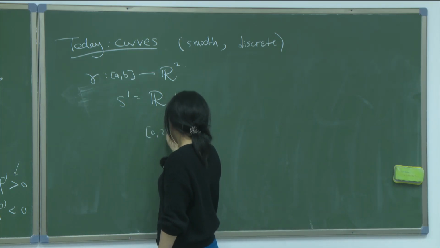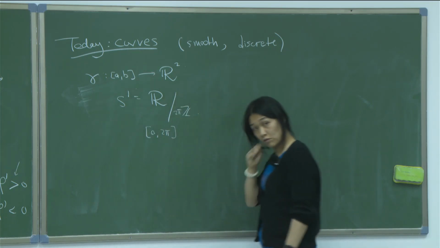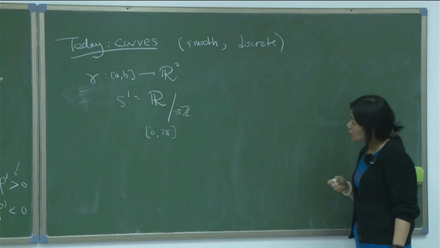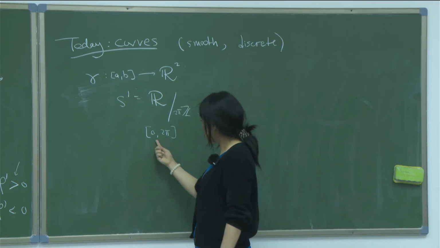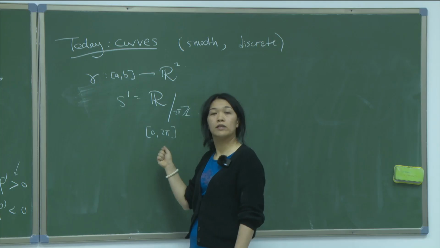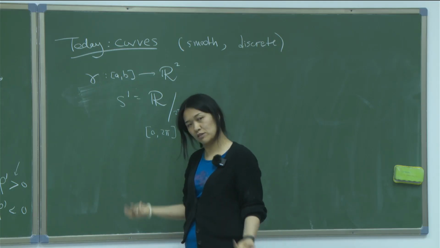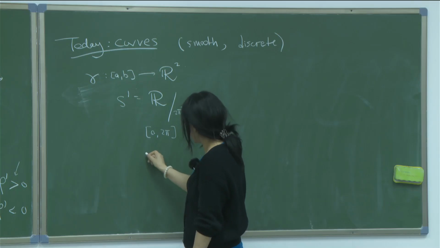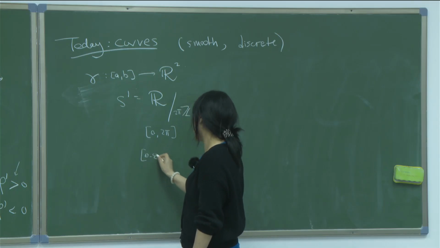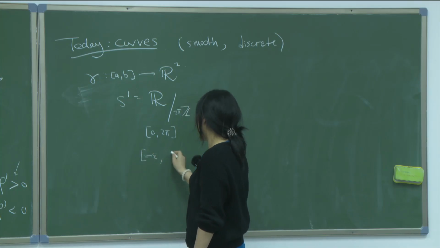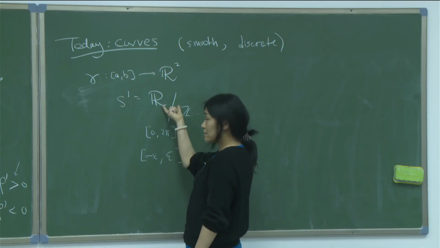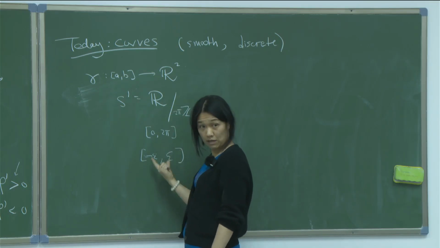You can take a lift to 0, 2 pi, right? And now between 0 and 2 pi, you can always say what differentiation means, right? But at 0, you have a problem because at the boundary of that interval, what you take is 0 minus epsilon and epsilon, and as a subset here, we can say what that means.